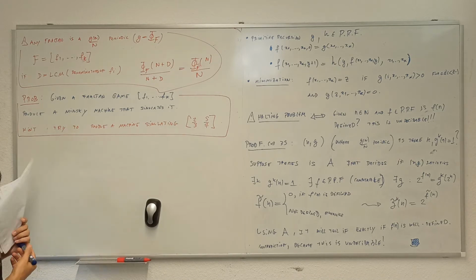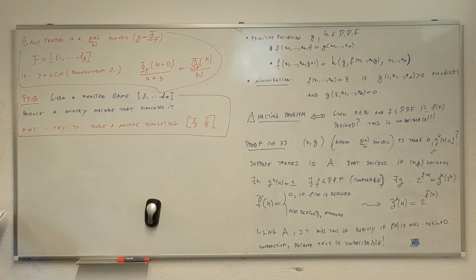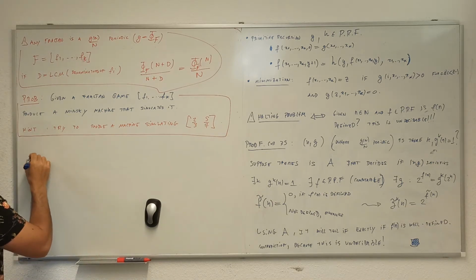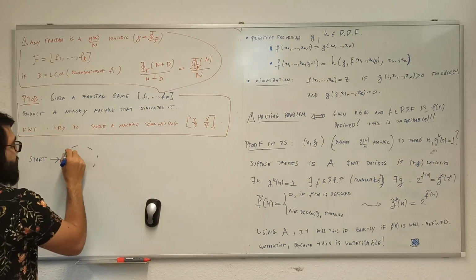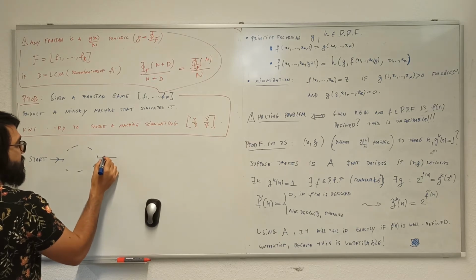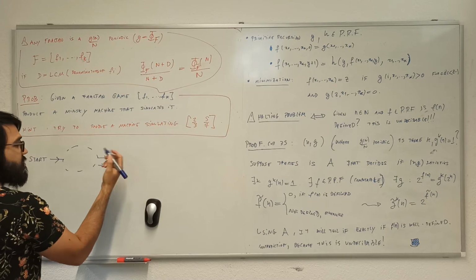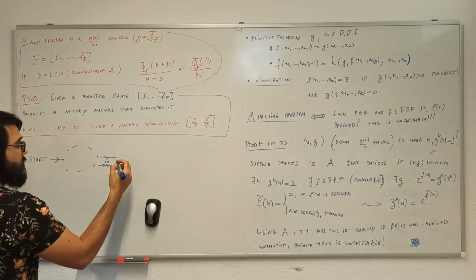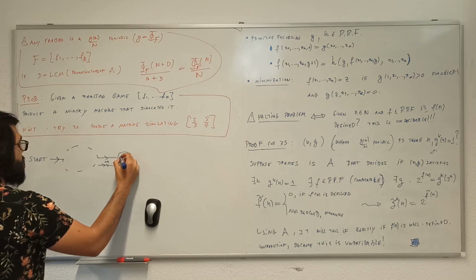Okay, so now let me go from a machine to a FRACTAN game. The machine will be something like you have a start, and you have some instructions here, and then you have something like this, to halt.